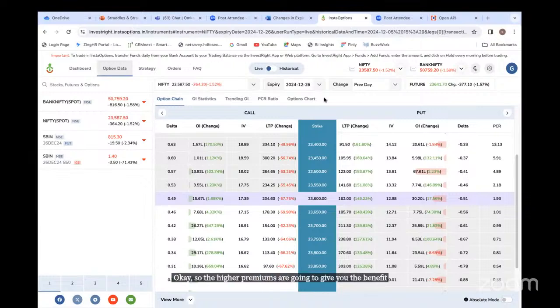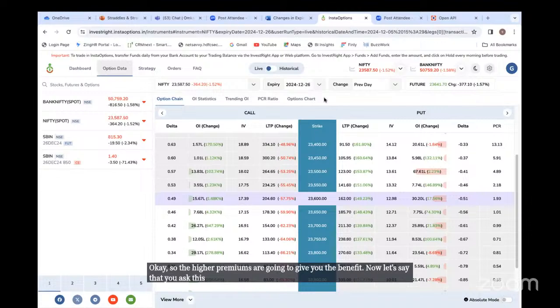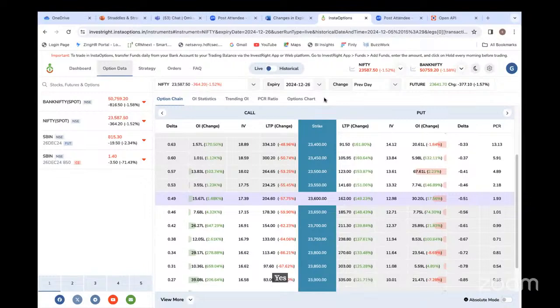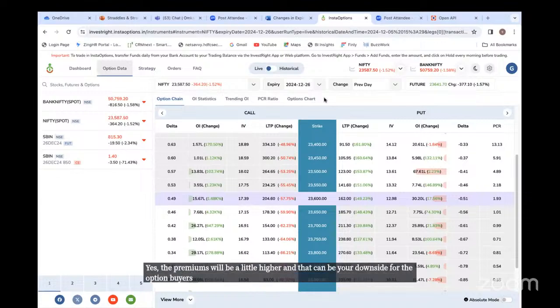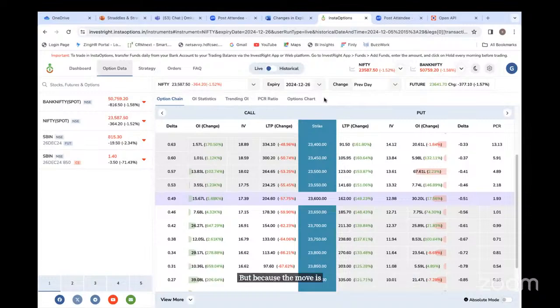Now let's say you ask this in the condition of a long straddle. In a long straddle, yes, the premiums will be a little higher, and that can be a downside for the option buyer, because we are buying both the contracts. But because the expected move is quite big, it has the good part, which is the unlimited profit, right?